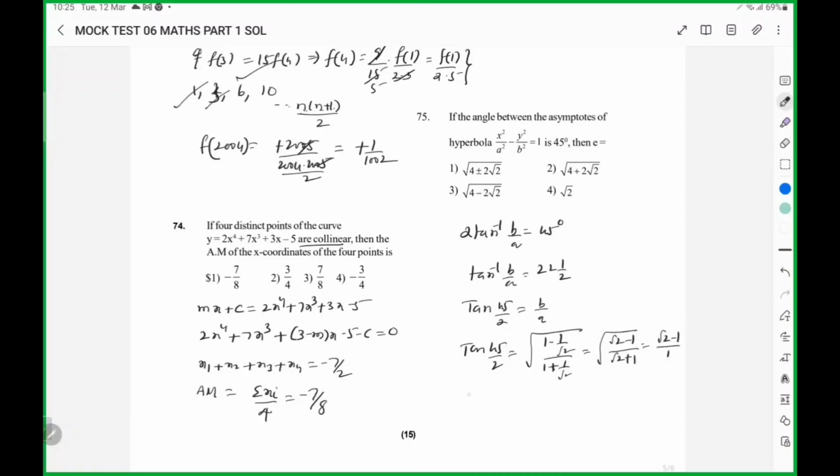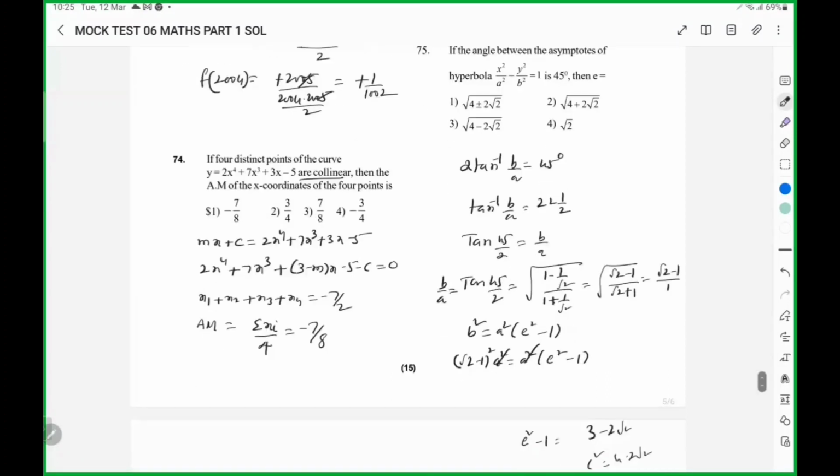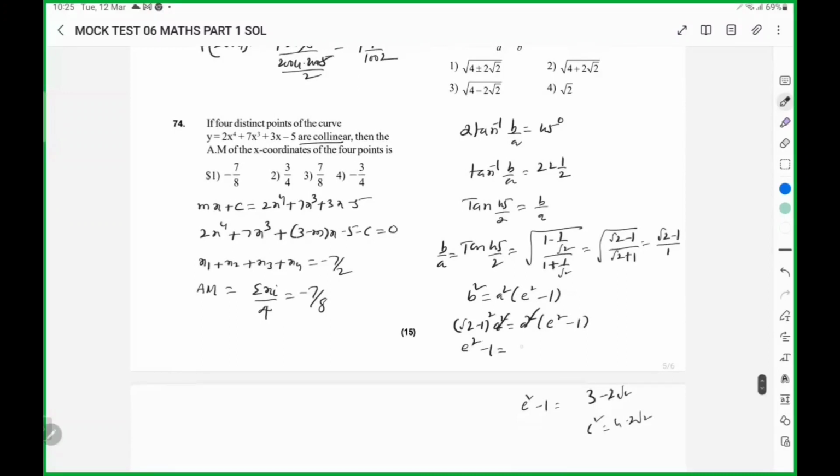So b square is a square into, so this is b by a. B square is root 2 minus 1 whole square. A square is this. A square minus 1 is, which is, a square is 4 minus 2 root 2. Third option.